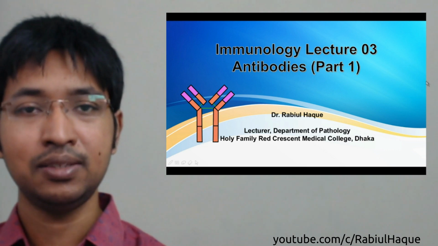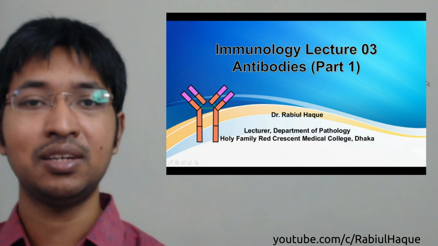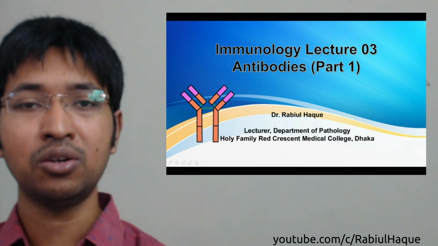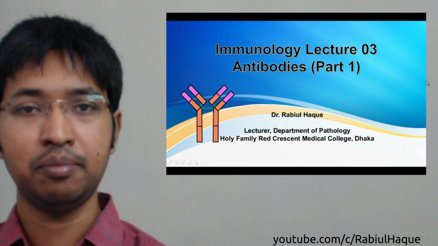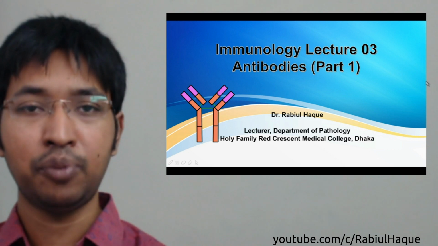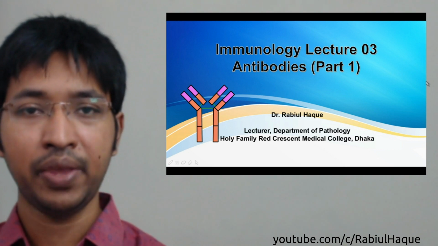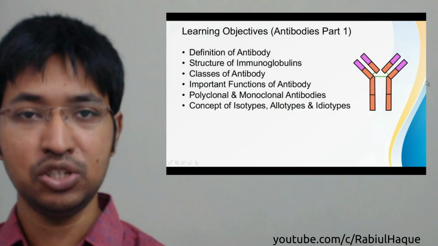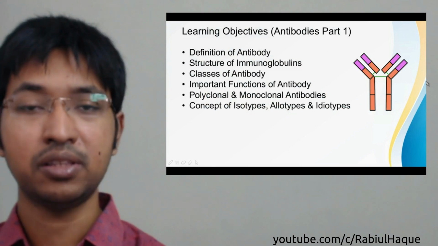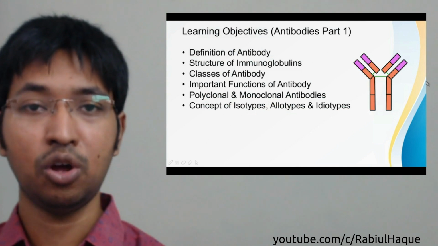Today's topic is antibodies. This is the third lecture of our ongoing immunology lecture series. Since this is a big topic, I will upload two videos on antibodies. In the first video, we will learn the definition of antibody and the structure of immunoglobulins.